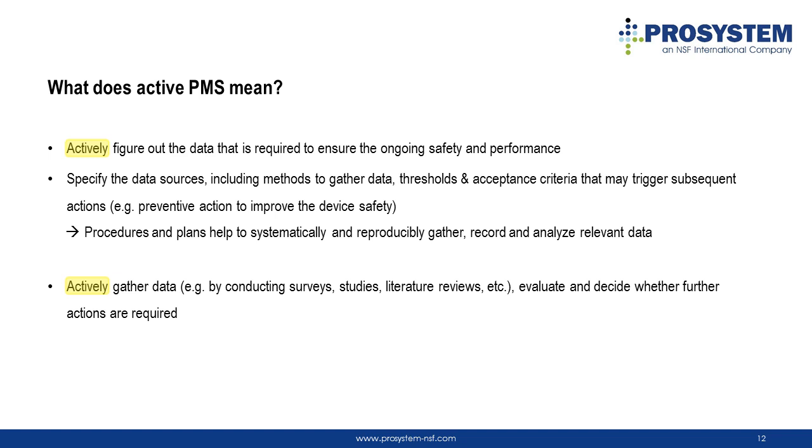In addition to that, where appropriate, the manufacturer must define thresholds and acceptance criteria that are required to trigger subsequent actions. For some PMS activities, it is recommended to refer to procedures or work instructions, which already facilitate a systematic and reproducible gathering, recording, and analyzing of relevant data.